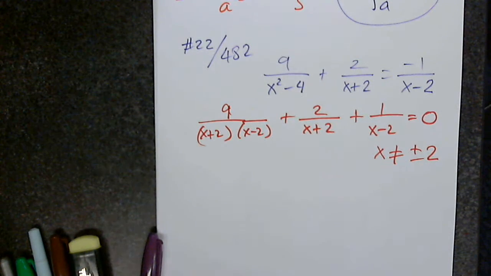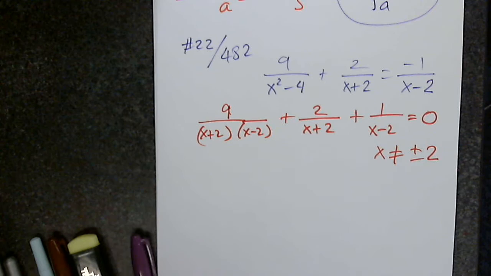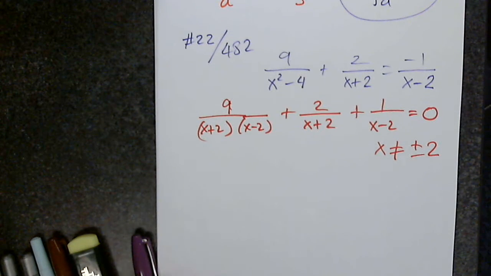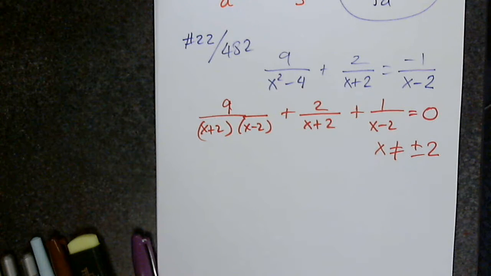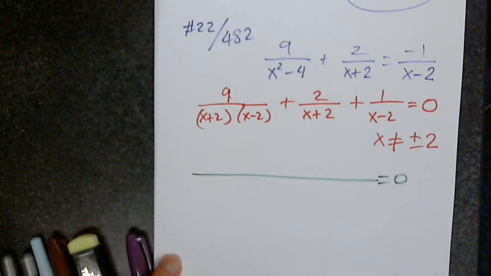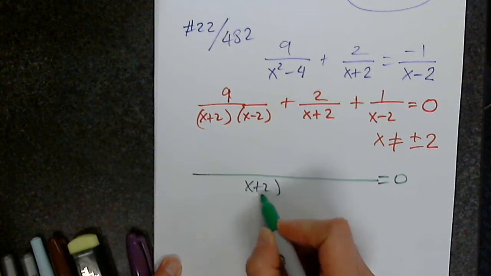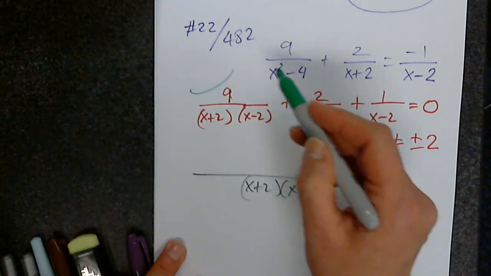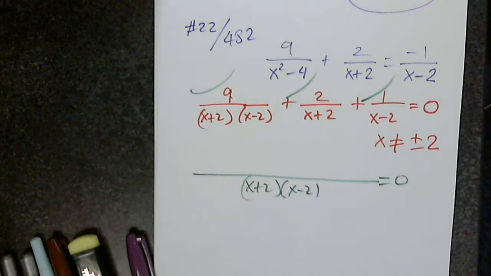What is the third step? Combine. Find the common denominator. Common denominator is x plus 2, x minus 2. Now, you understand one thing.